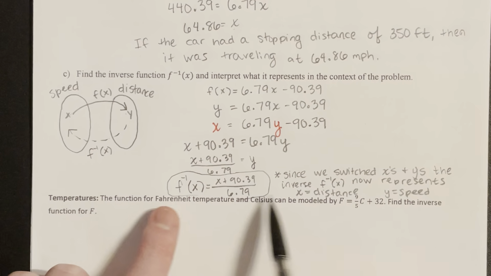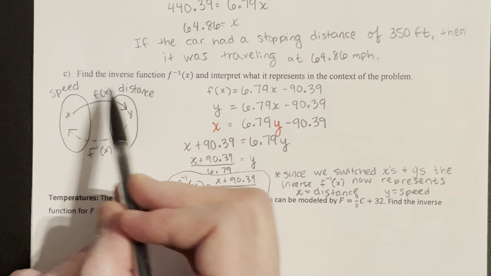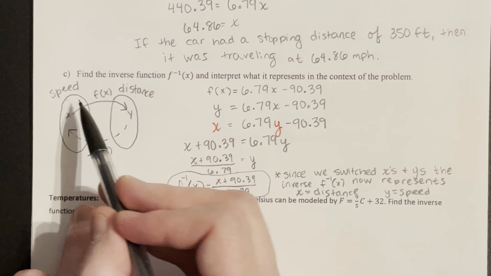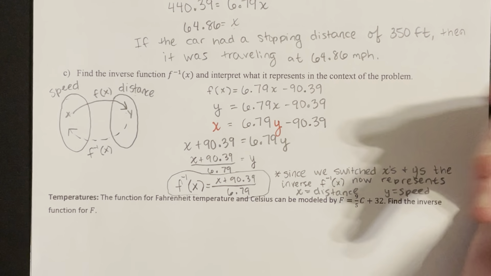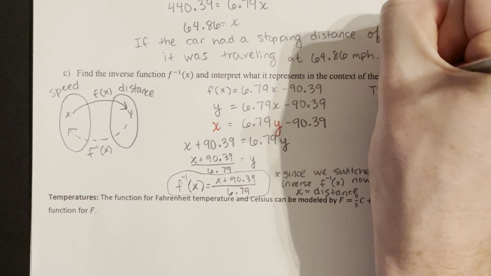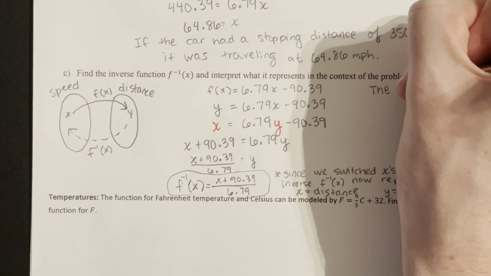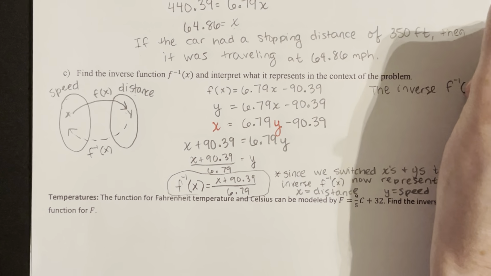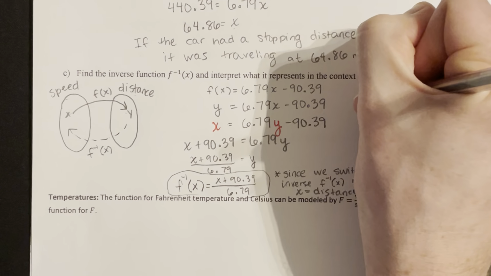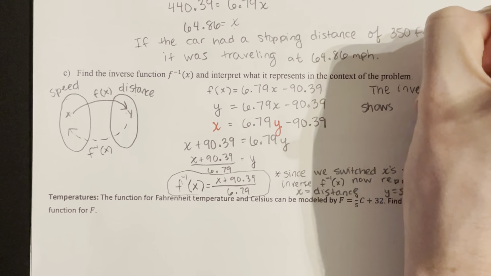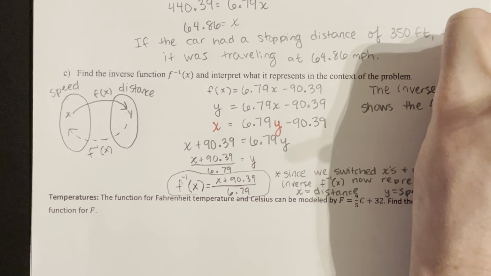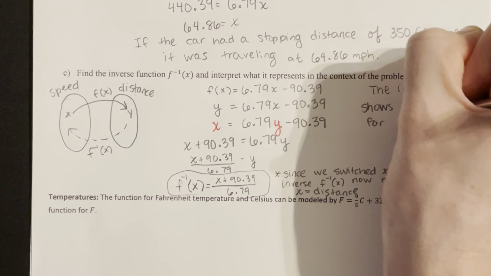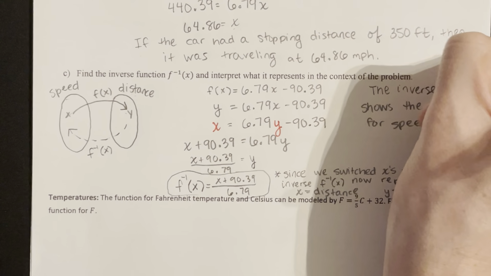And this holds a new meaning because we swapped our x's and y's, so our distance became the new x's and the speed became the new output, which is our y's. So if we were just writing out what this inverse means, f inverse of x just shows the function for speed if you're given the stopping distance.